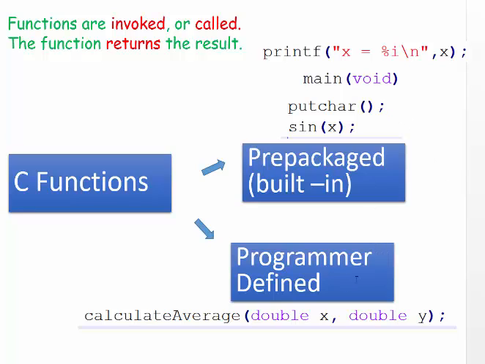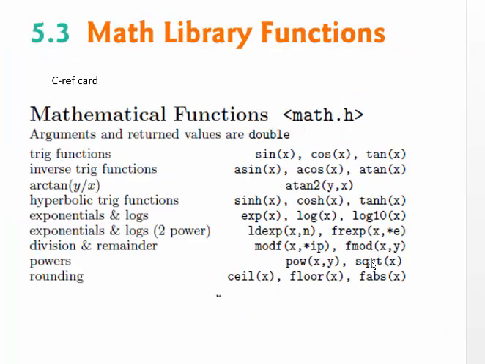Then we have programmer-defined functions, and I just made up one down below. It's called calculate average, and it's going to get the average of two numbers, apparently. It would be my guess. So we have prepackaged ones and user-defined ones. Let's talk a little bit more about our prepackaged ones because we're going to use them a lot more. I've already mentioned this a couple of times now.